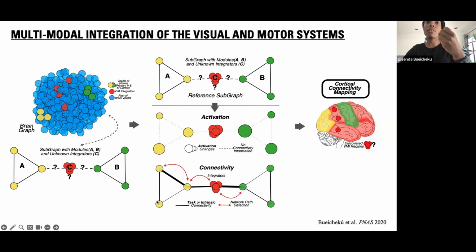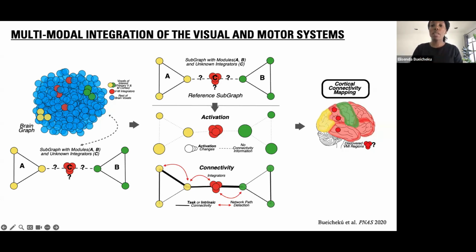So we will locate this region, and the direct connections between this region and the rest of the brain will be two other regions that are located in the visual cortex. And then with two-step links, what we do is to locate the regions that are connected to our seed region but are not directly connected. They are indirectly connected. So we will go one step and then the second step.